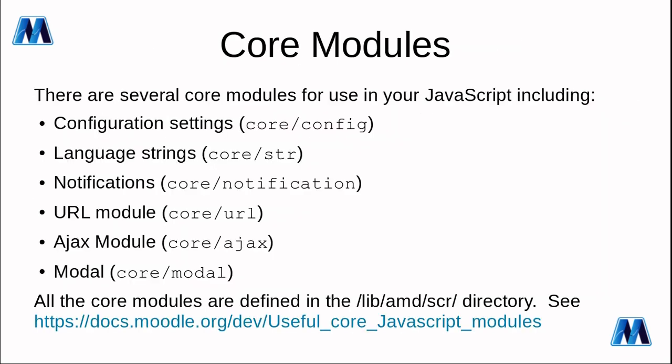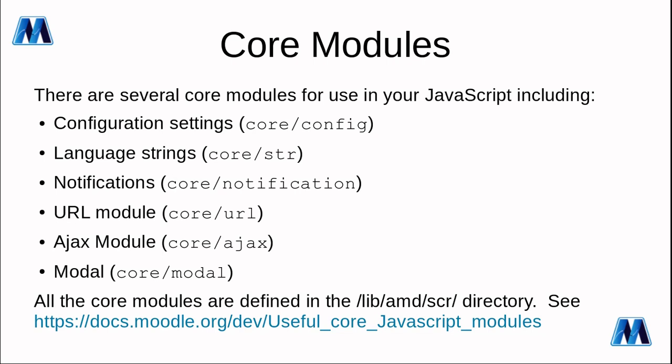So there are several core modules available to you to use in your JavaScript. You've got core/config, so you can work with configuration settings, get config and set config. Language strings, so you can use your language strings in your JavaScript.